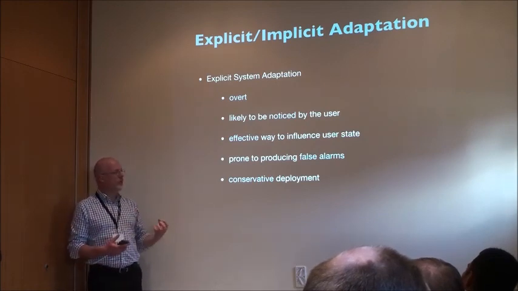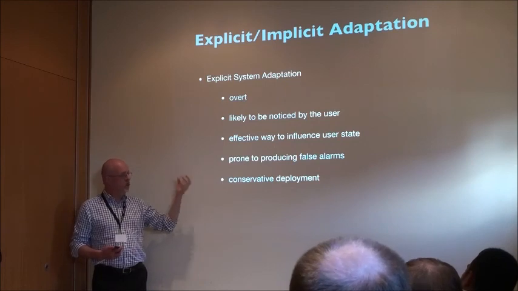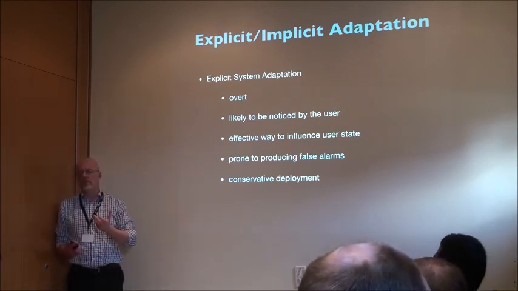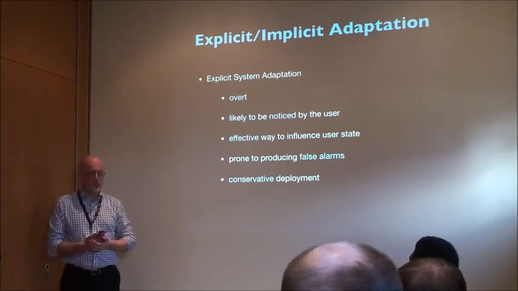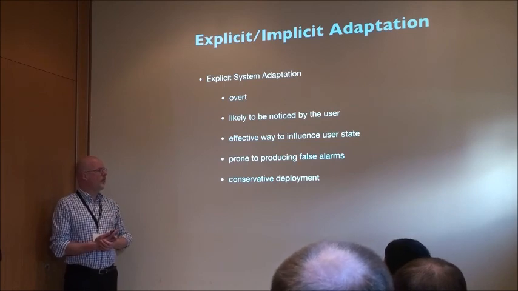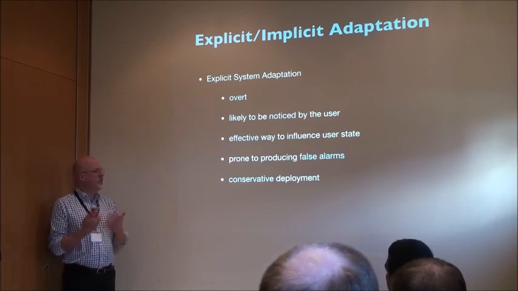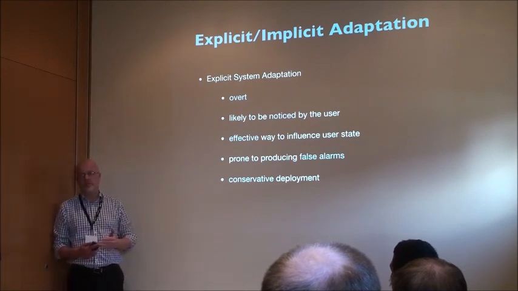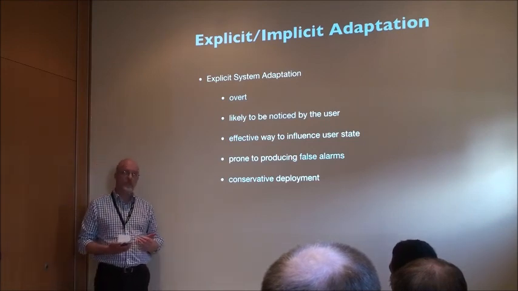So you can do these things in a strong way, but if you do that and it gets it wrong, then you tend to produce quite a high level of false alarms. And that could be a problem. So what we have really is an explicit adaptation that I feel should only be used conservatively. You don't use this very often because there's a strong chance you could get it wrong.